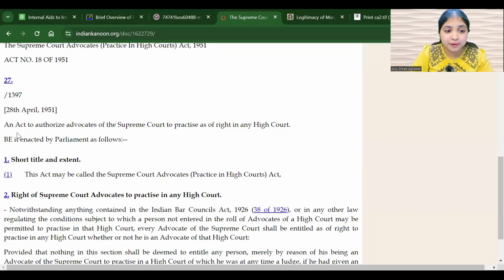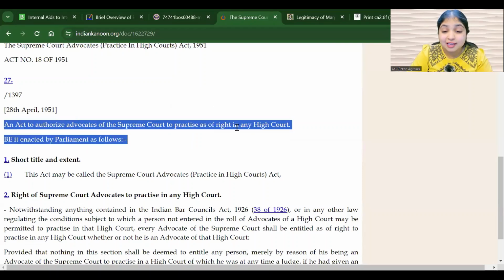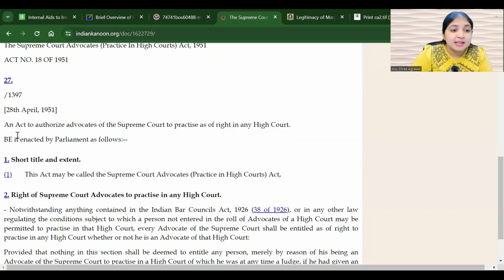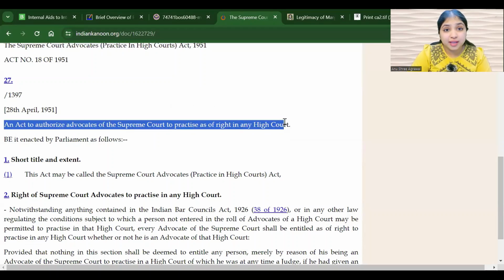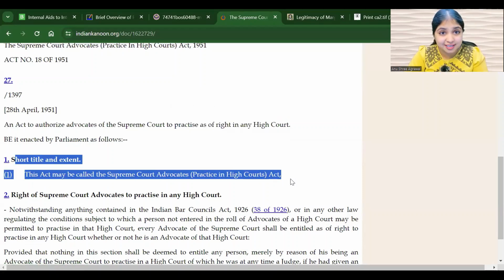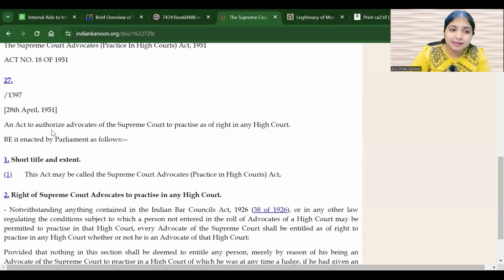But if you look, the long title is written even before section 1. So a question may arise: is this long title a part of the act? That is why we are clarifying that yes, it is a part of the act. The short title is definitely a part of the act and is a part of section 1 itself. But the long title is not a part of any section. It is written even before the first section, but still it is considered a part of the act.